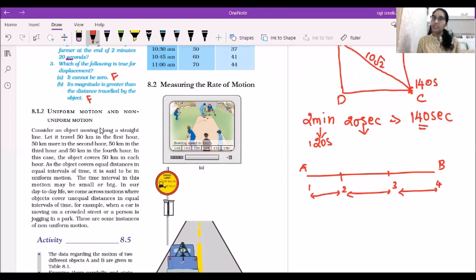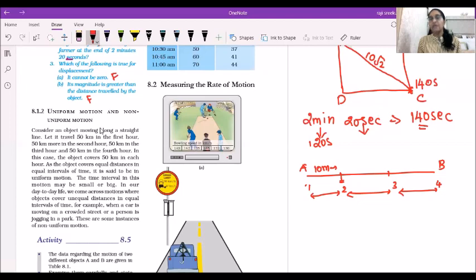For example, suppose he is starting his journey from this point, and the next stop is this one. This is his starting point, and this is his first stop. The distance between these two points is 10 meters.